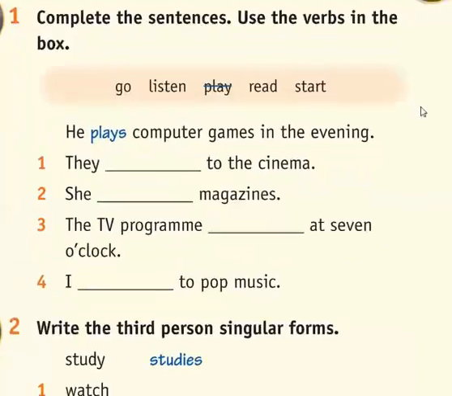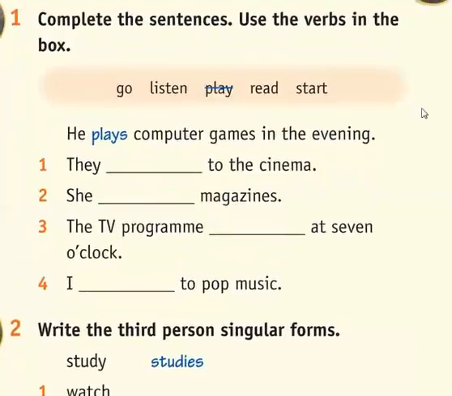And let's do some exercises to practice a little bit. This first exercise consists of writing the correct verb in the blanks and using the third person singular when necessary. So we say, he plays computer games in the evening.